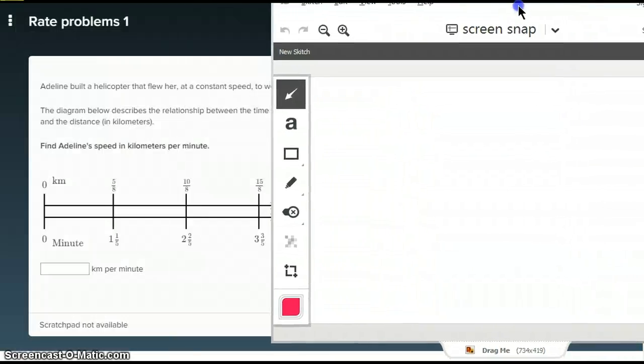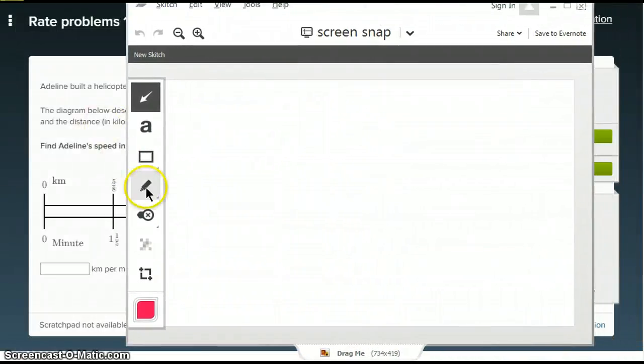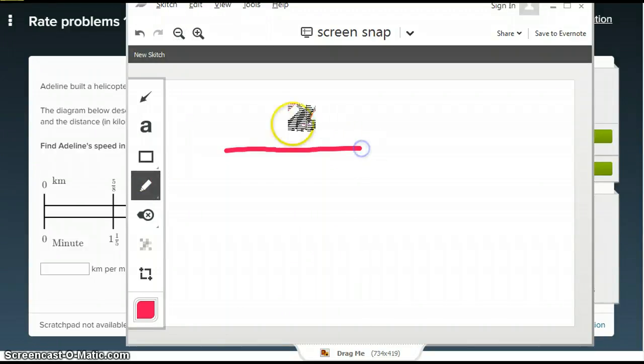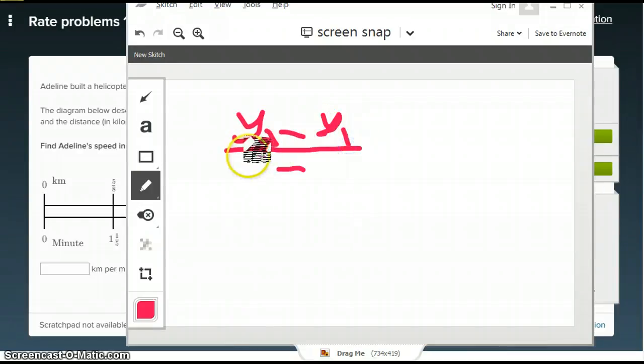So, in order to use the slope formula, we do this. You draw a line, draw two negatives. The slope formula is y2 minus y1 over x2 minus x1.